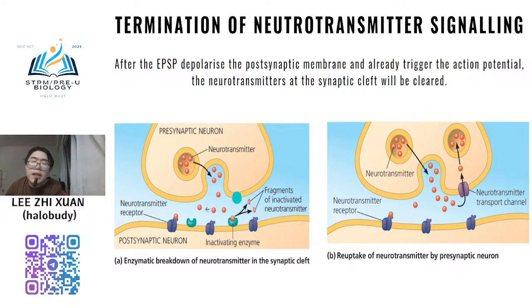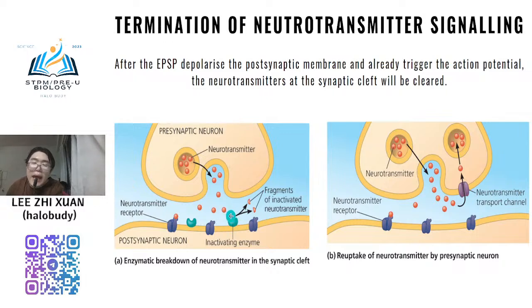It cannot always remain at the synaptic cleft. It needs to recycle back or disappear. If the neurotransmitter is still remaining here, it will trigger the action again and again, because the neurotransmitter is still here, so it will bind again.